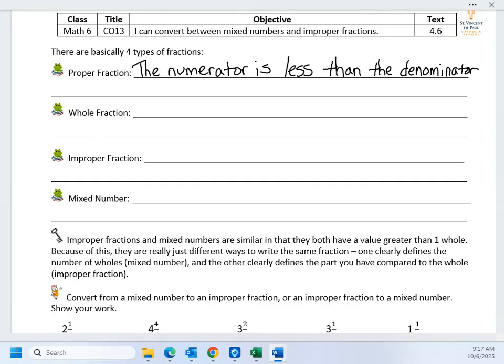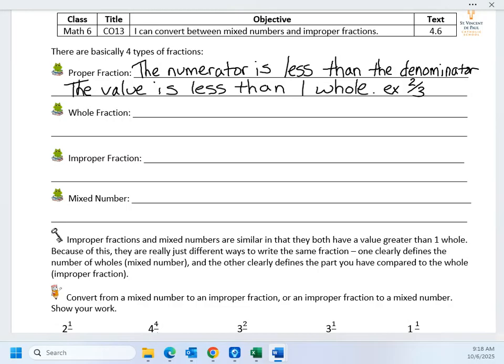So the value of the fraction is less than 1 whole. So an example would be 2/3. The numerator 2 is less than the denominator of 3. 2/3 is less than 1 whole piece.